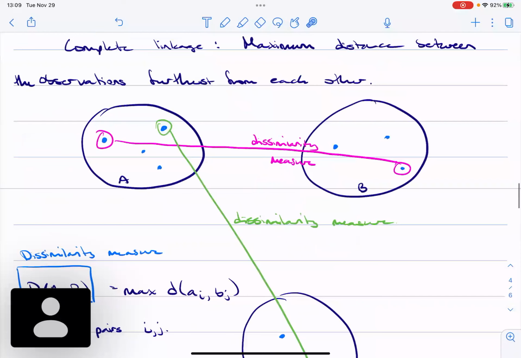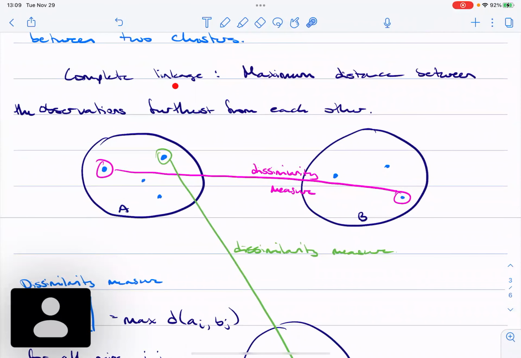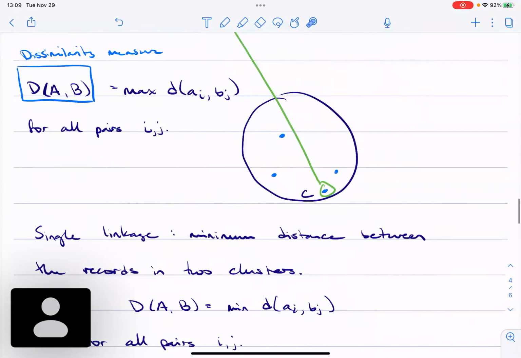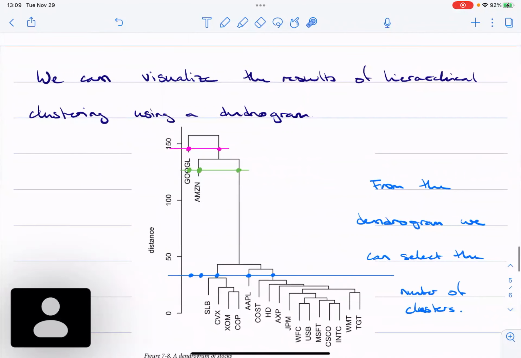So if it is the complete linkage, then it's going to be the distance to the Google from what? From when they were all alone.